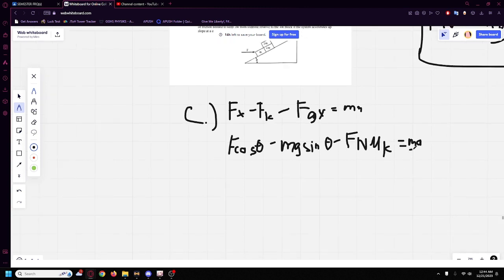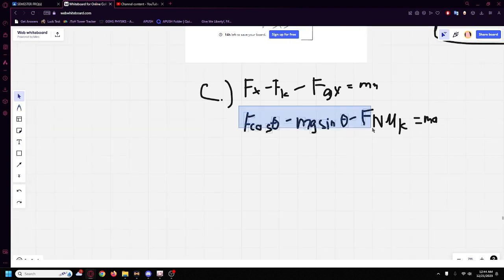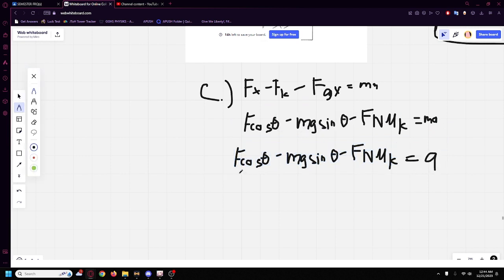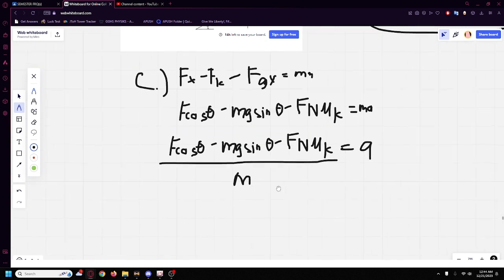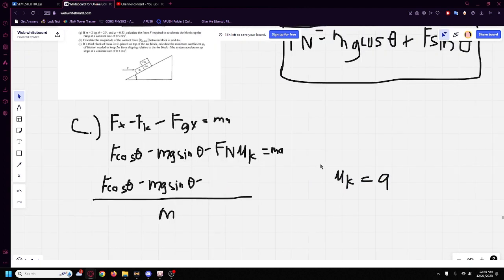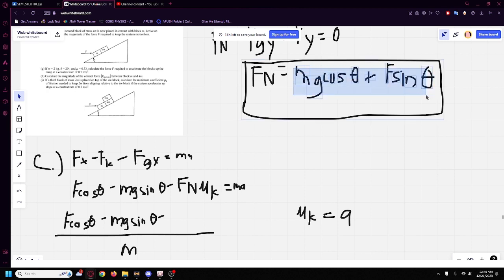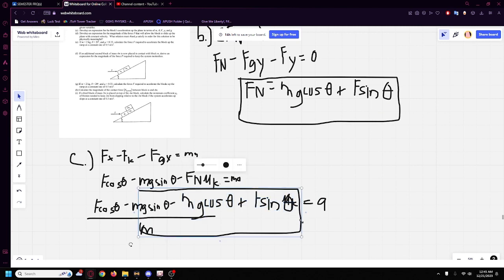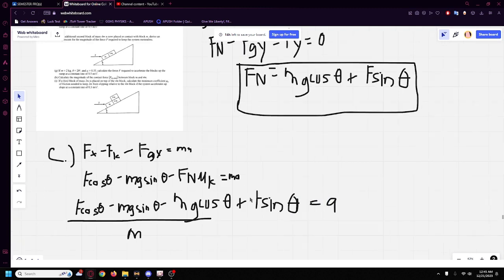When you divide by m, we get the acceleration. We can substitute F_N with mg cosine theta plus F sine theta.